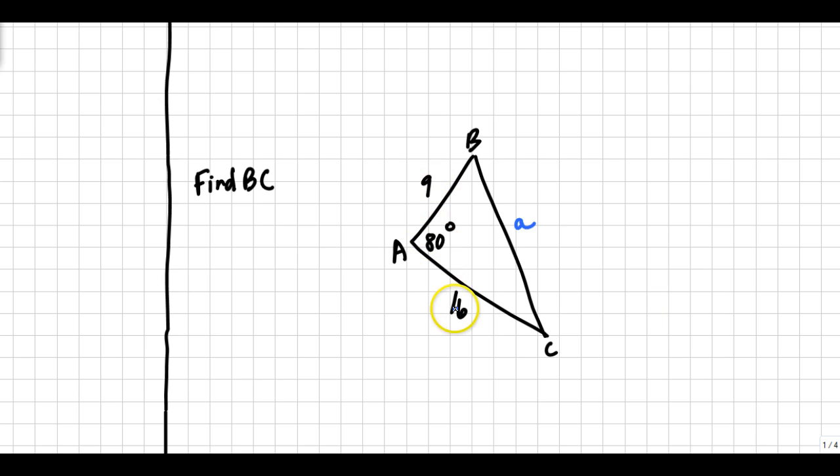This is an SAS setup, but the angle we're used to calling big C is labeled here as big A. So if you want to, you can set up your law of cosines with the a as the thing that you're trying to find, and b and c as your two sides. So you could list it out this way instead, and then you could plug in b and c that way.